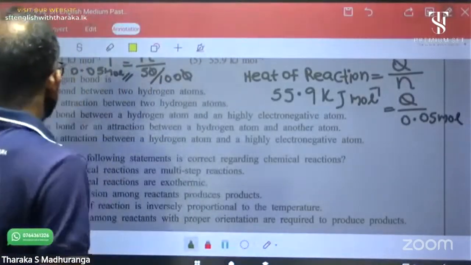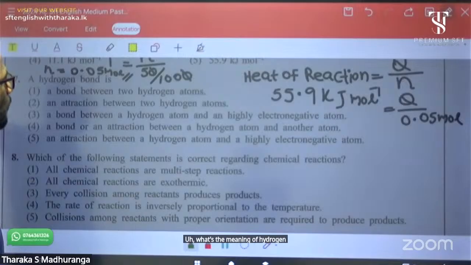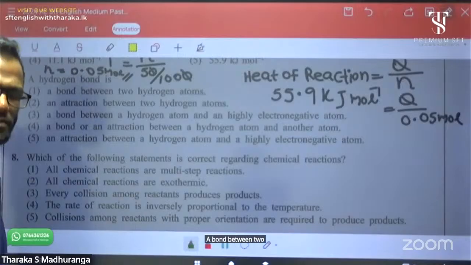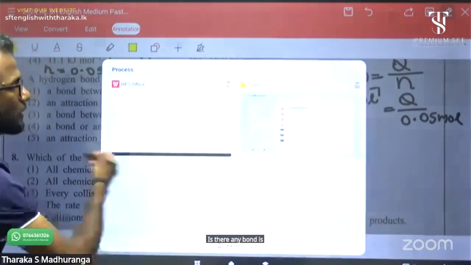What's the meaning of hydrogen bond? A bond between two hydrogen atoms, is it possible? Is this bond formed between two hydrogen atoms?